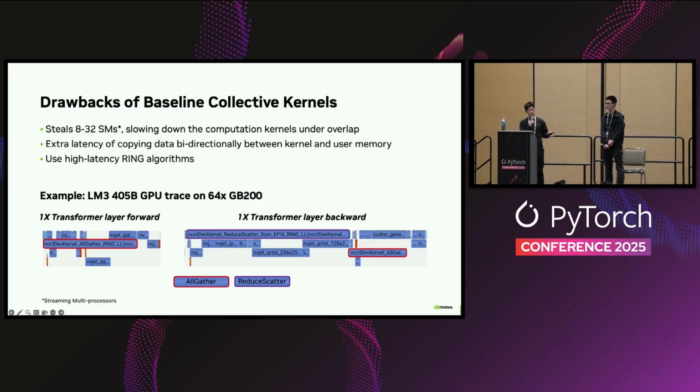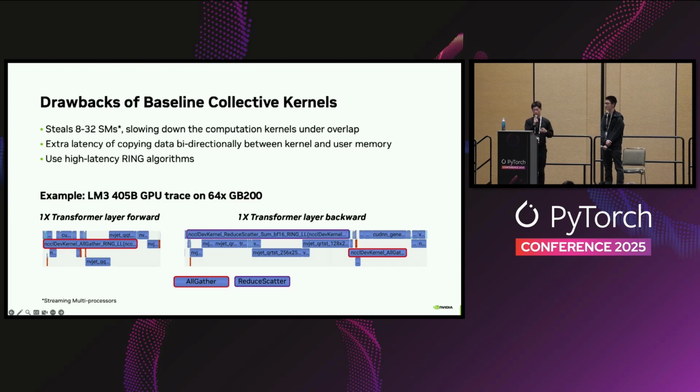The left side is 4 transformer layers of forward, and the right side is the backward. Except for the boxes in red and purple, which are communication calls, the rest are computation kernels. As you can see, pretty much all of them are overlapped with the communication kernels, making them slow, since they are losing many SMs to the communication.